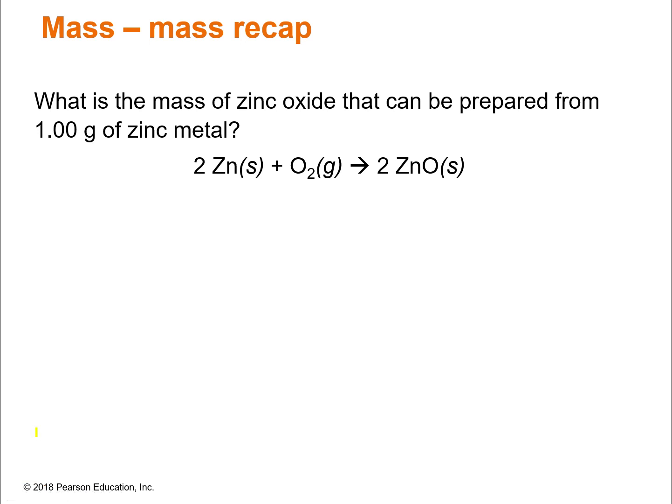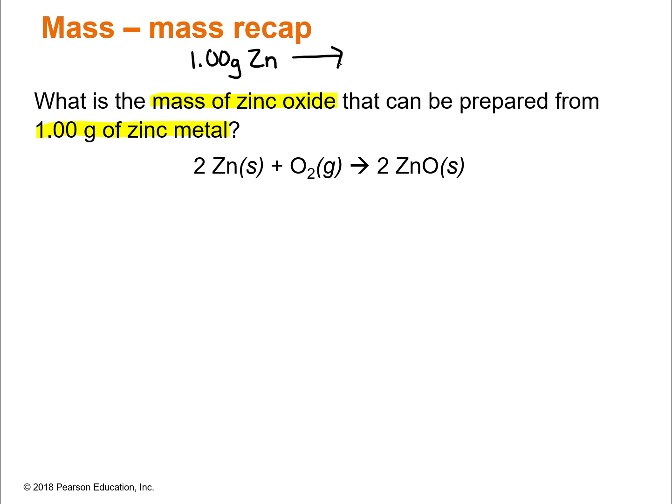What is the mass of zinc oxide that can be prepared from 1 gram of zinc metal? So we always care about what the question is and what our given information is. Those are the two things that I highlight. The given information, we have 1 gram of zinc metal.